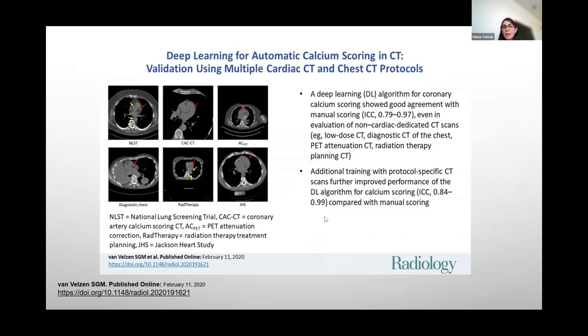So it really widens the net of the number of patients that you can screen for coronary disease. And these algorithms had very good performance when you compare these calcium scores in a matched fashion with the patients that had gated calcium scores done.